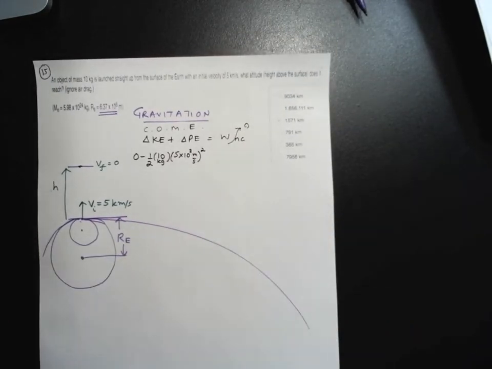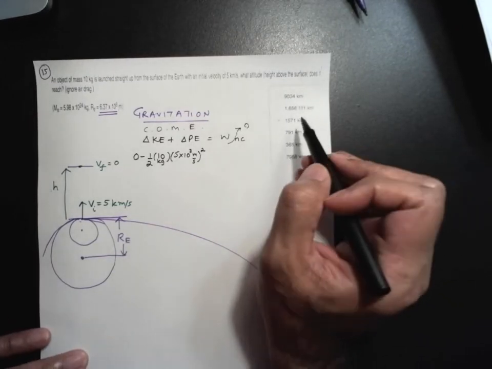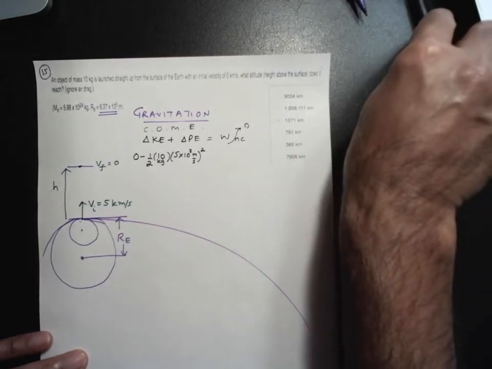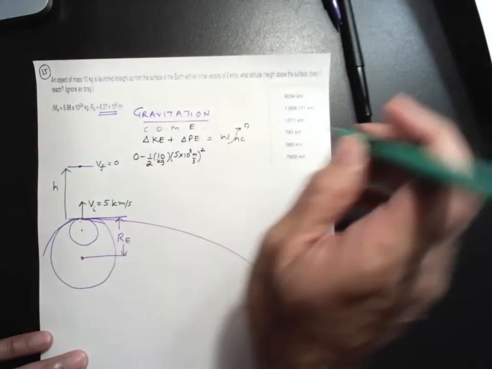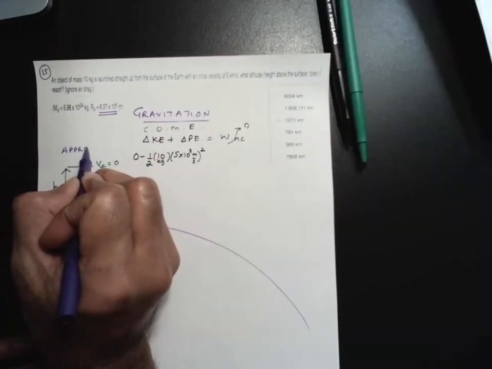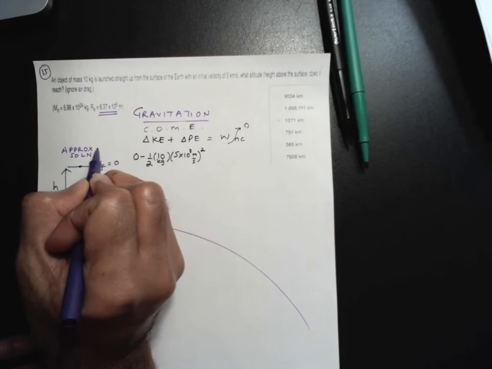And I guess one little exam trick I wanted to point out is that if you are forgetting how to use the gravitation formulas, you look at the answers, and you know there's quite a bit of difference between them. So I'm not saying this is the right way to do this, but let me make clear that this is an approximate solution.